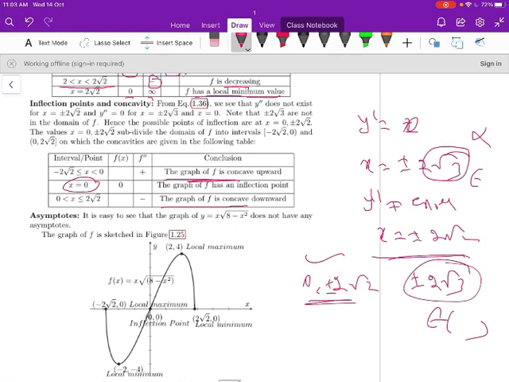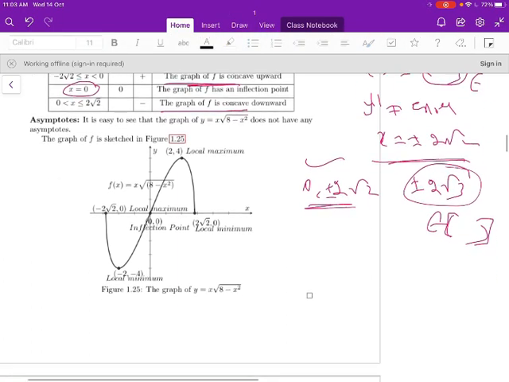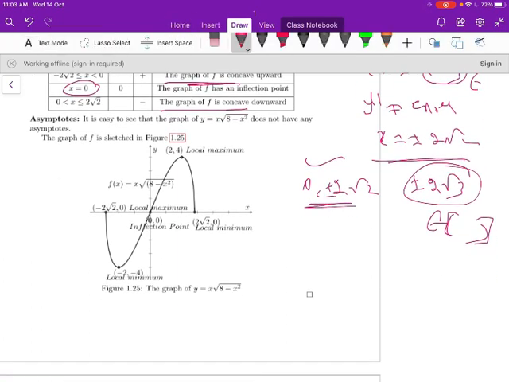But here we cannot see beyond 2 root 2, because our domain is restricted to minus 2 root 2 to plus 2 root 2. The given function is a polynomial function with rational powers, therefore there are no asymptotes here. Let us draw the figure roughly.